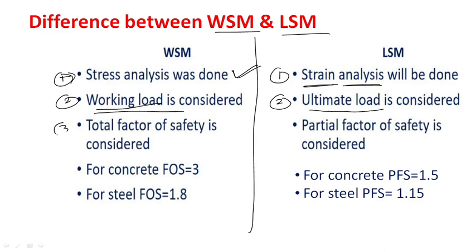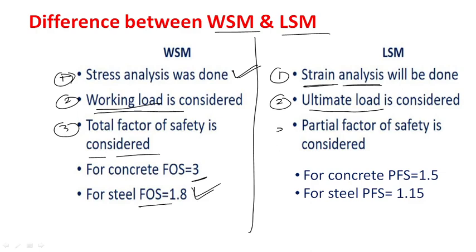And third point, total factor of safety is considered in working stress method. For concrete they are taking a factor of safety of 3, meaning they are taking extra safety, and the factor of safety for steel in working stress method is 1.8.